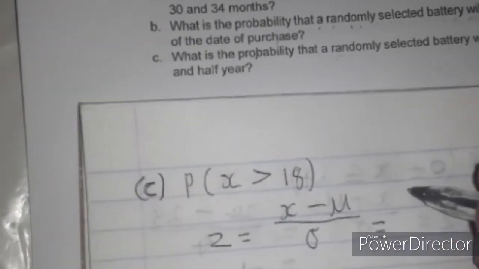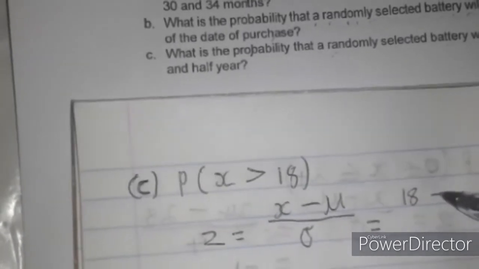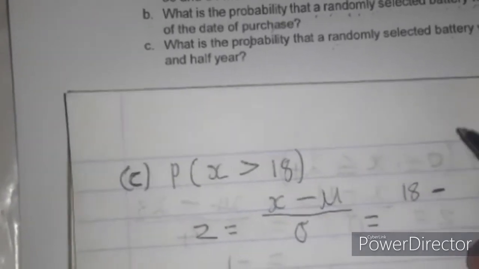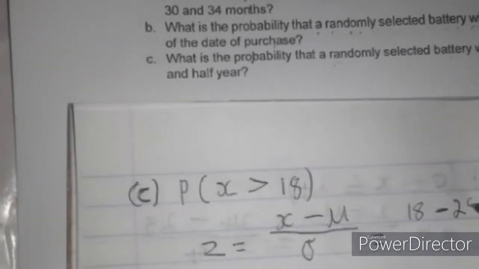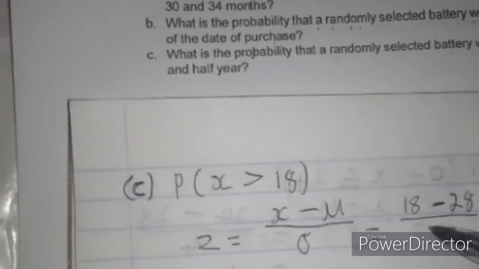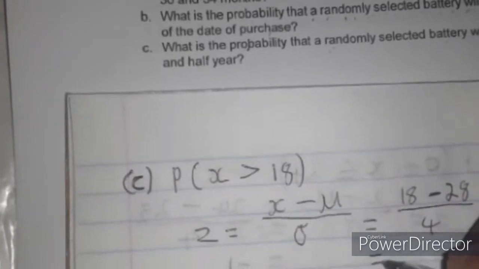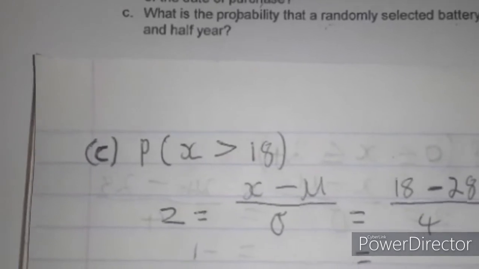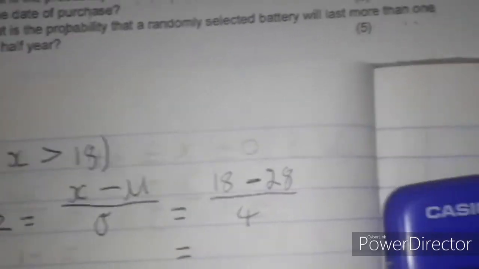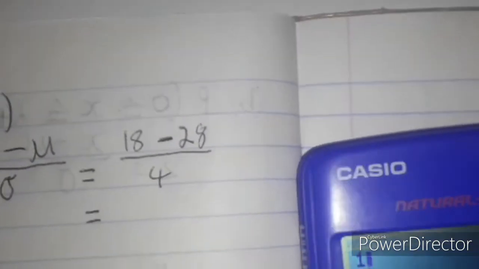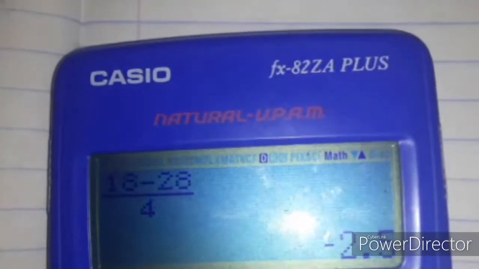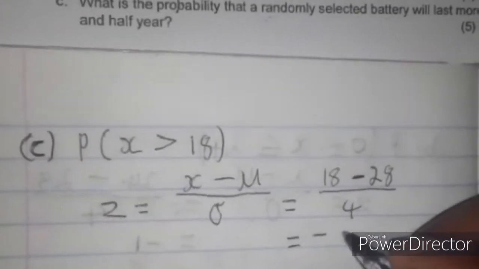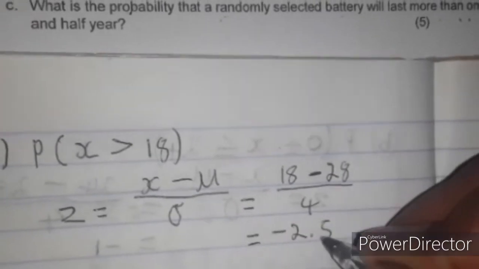So X is 18 minus mu, which is 28, over 4. So the Z value is equal to 18 minus 28 over 4, which is equal to minus 2.5. The Z value is minus 2.5.